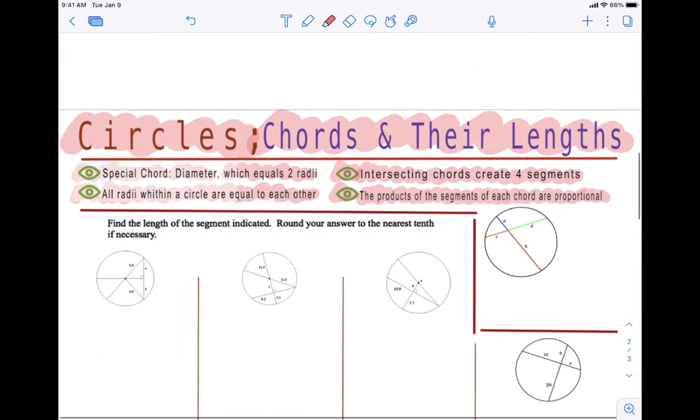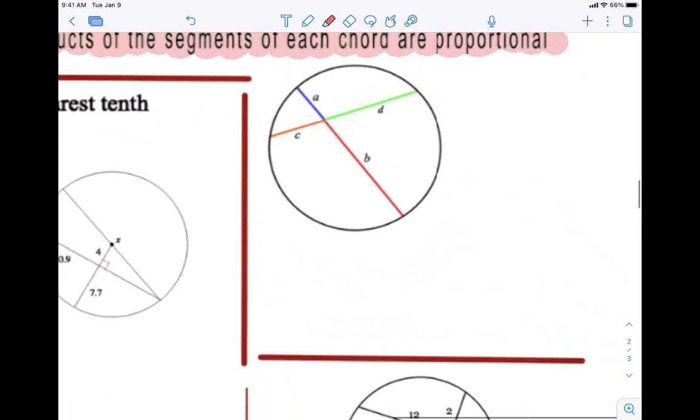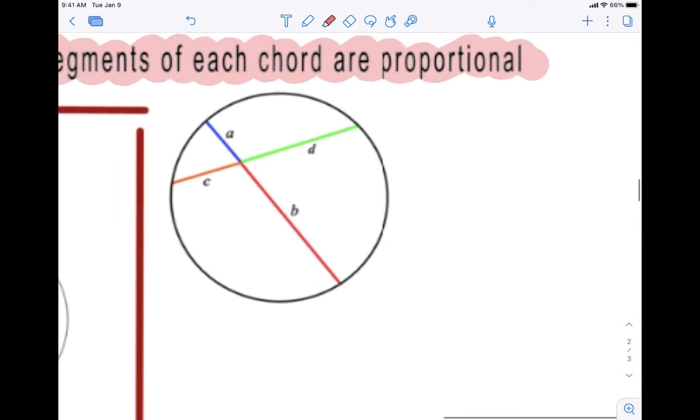They will. Okay? But before we get started on the examples, let me cover this last bullet point here. So if you notice here, we have 2 chords. This chord here and this chord there. This chord is made up of A and B. This chord is made up of C and D. So where they cross is right here.